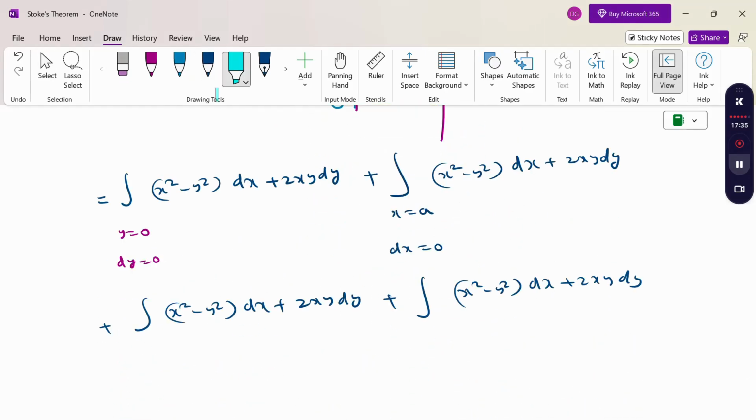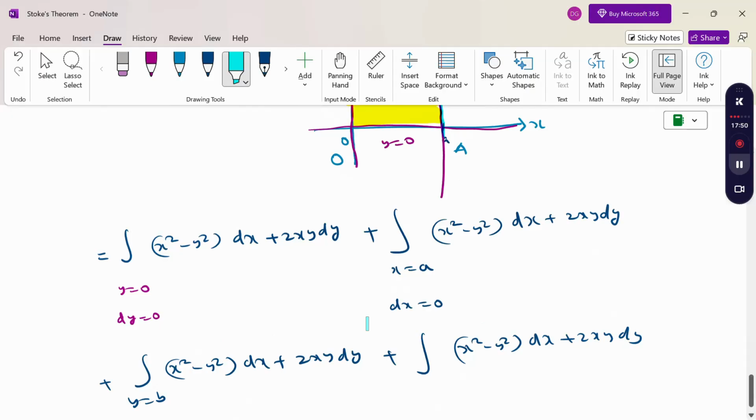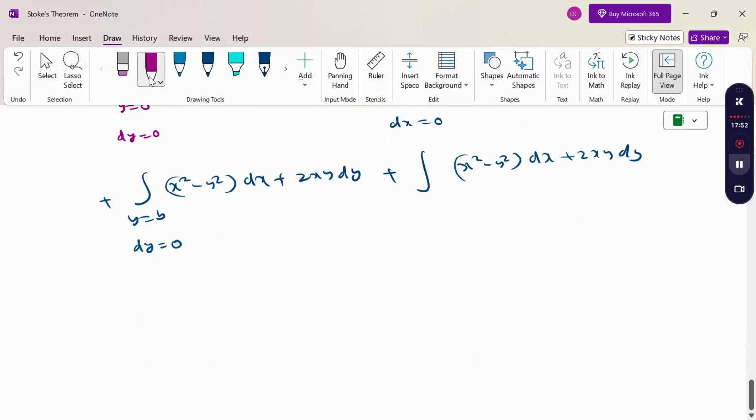So when y equal to b, the derivative of the constant b is 0, so dy is 0. For this term, from B to C, x goes to 0, and dx is 0.